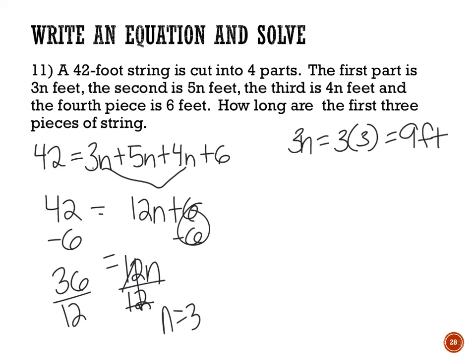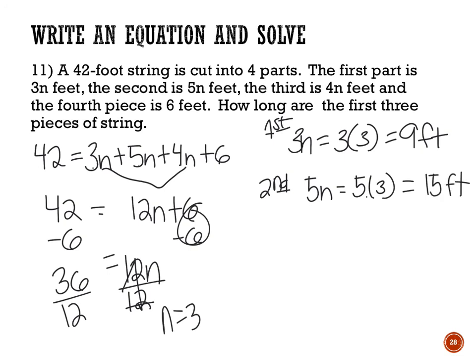So the first string is 9 feet long, okay? The second one is 5N equals 5 times 3. 5 times 3 equals 15. So the second is 15 feet long. The third equals 4N equals 4 times 3 equals 12 feet.